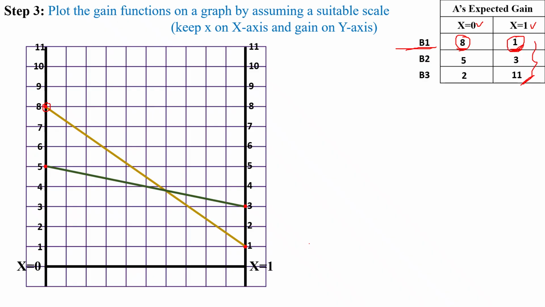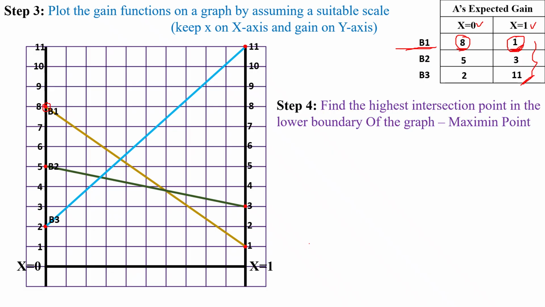Similarly, we locate 2 and 11: when x equal to 0, locate the 2, and when x equal to 1, locate the point 11. Then join these 2 points, which gives the line for the B3 strategy. So these are the lines for the B1, B2 and B3 strategies.